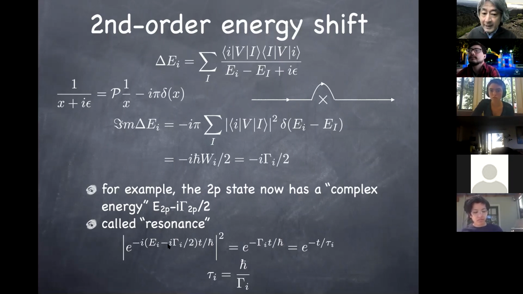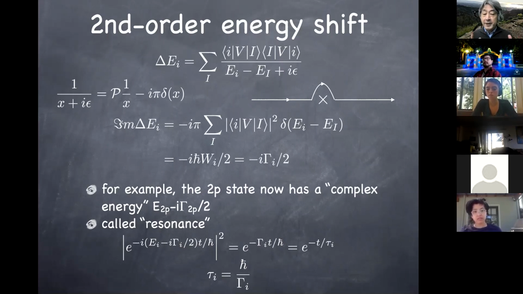Now I do. By just plugging in this imaginary part of the energy shift, you clearly see that this is an exponentially decaying behavior as a function of time. And then you can really identify the lifetime of this exponential profile. Then you can easily see that lifetime is indeed inverse of this imaginary part of the energy times factor of 2.